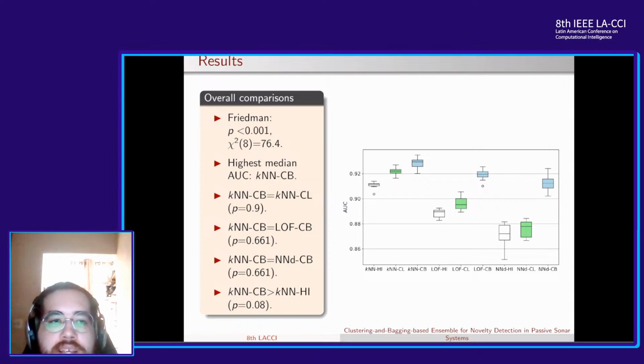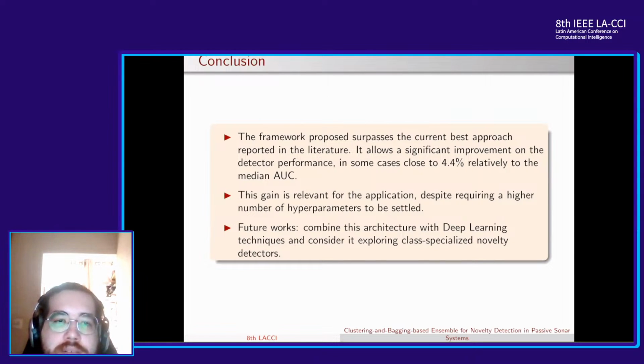the detectors adopted. The framework produced interesting results, surpassing the current best approach reported in the literature, allowing significant improvements over the detector performance, in some cases close to 4.4% relative to the median.